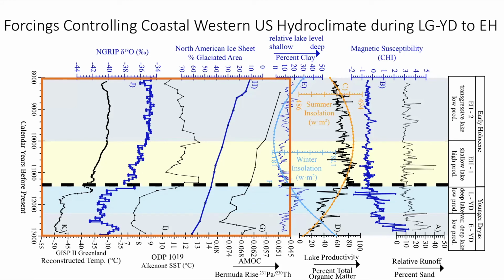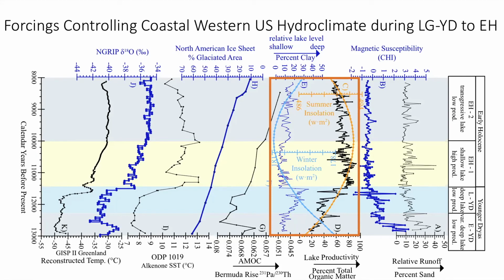And so together, these records highlight complex ocean atmosphere dynamics that influence hydrologic variability in Northern California during the late glacial Younger Dryas to early Holocene, including changes in ice sheets, sea surface temperatures, and AMOC variability.